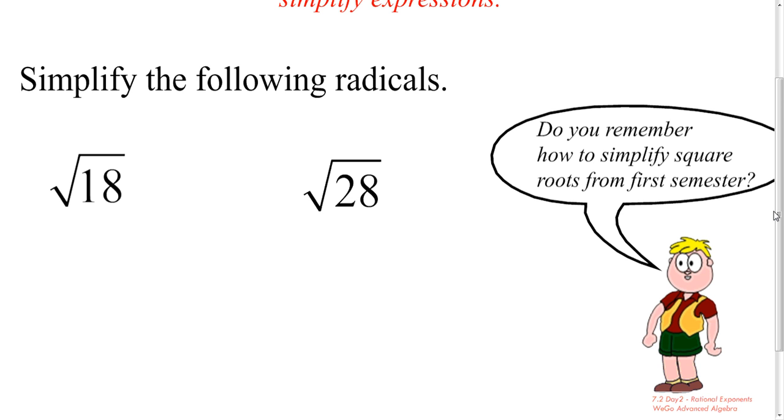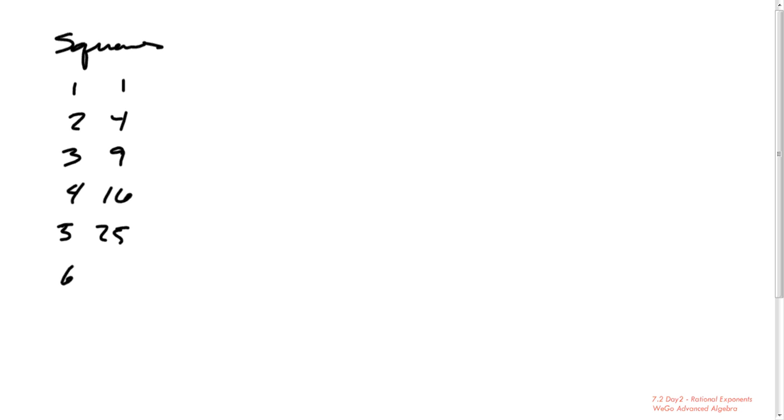There's a couple of different ways you can go about it. The easiest way is off on the side of your paper, and don't just have one piece of paper that you always refer to. Do this on every single piece of paper you come up with. I would just start and say, here's the squares: 1 goes to 1, 2 goes to 4, 3 goes to 9, 4 goes to 16, 5 goes to 25, 6 goes to 36, etc. And you're going to keep doing this.